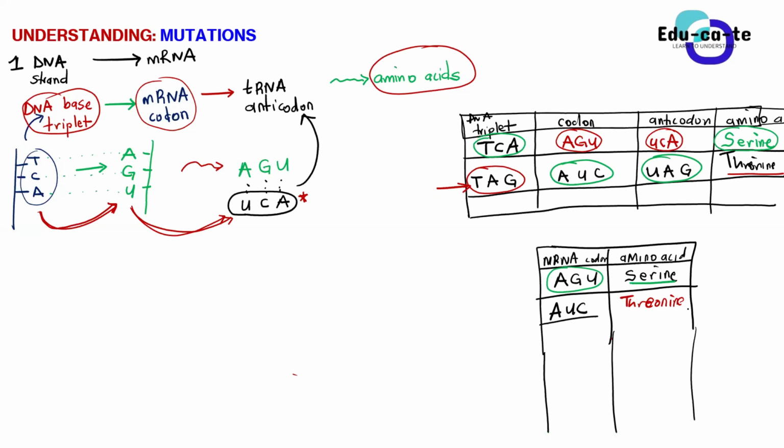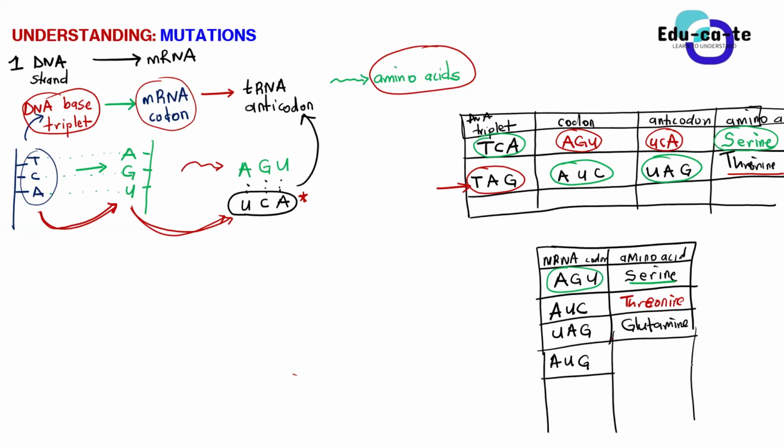AUC is 309. Let's say we have UAG, and it codes for, let's just say, glutamine. This is just an example, guys. It's not really accurate. Okay, it codes for glutamine. Let us say that you have got something else, AUG.